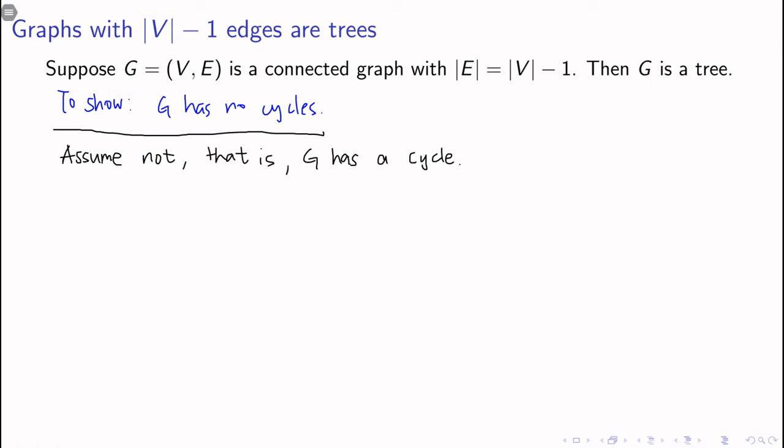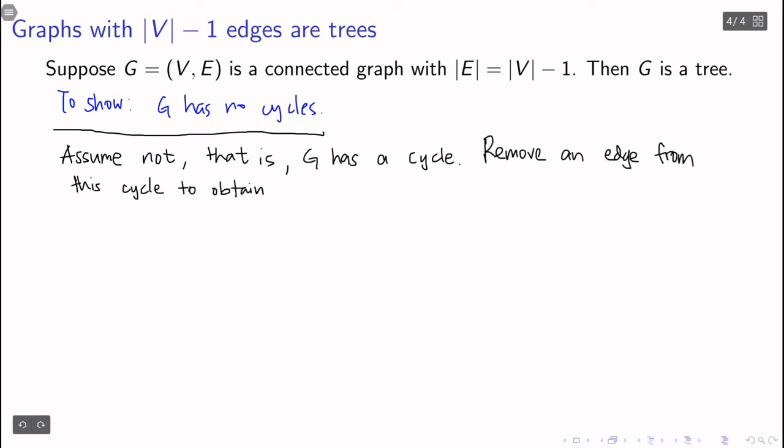So what I'm going to do is remove an edge from that cycle to obtain a new graph, G prime. Right, so pick an edge on the cycle, remove it.